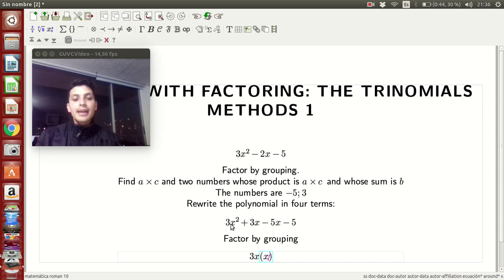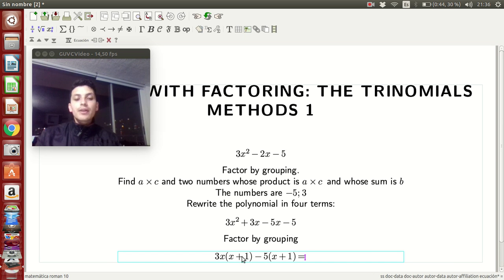So here we have 3x times x, 3x squared, plus 3x times 1, 3x. Minus 5, the GCF of the second group, times x plus 1. Negative 5 times x is negative 5x, negative 5 times 1 is negative 5.